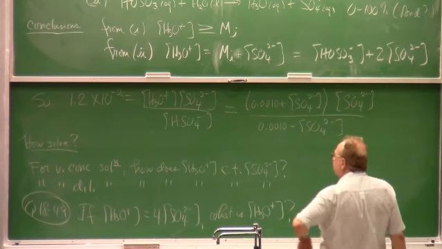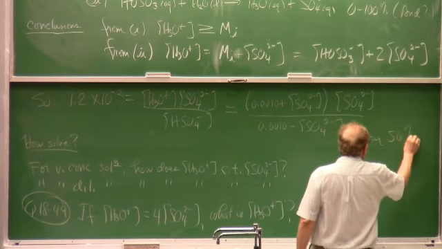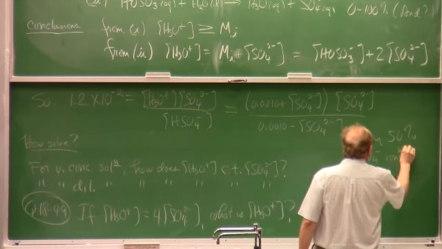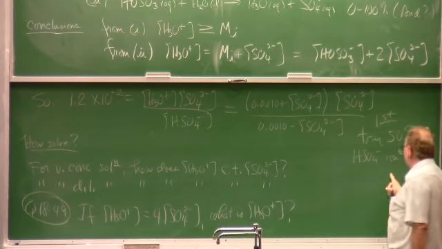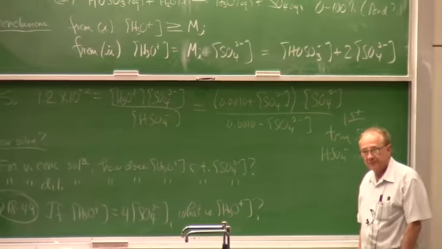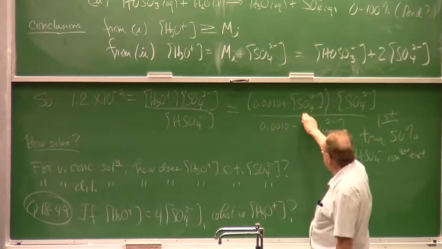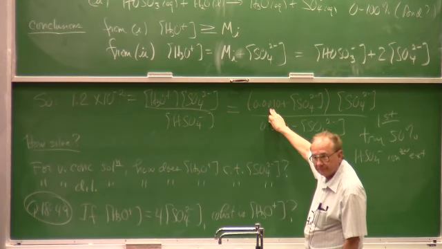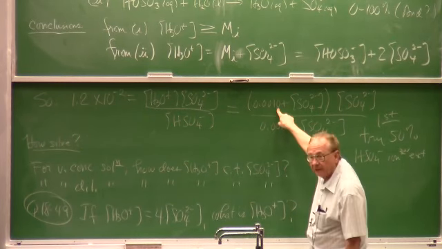50%. Because if I start with 50%, try 50% HSO4 minus ionization extent. Then the arithmetic is easy. Because at 50% ionization, this is half of this, isn't it? So what's this whole term become when I'm trying 50% ionization extent with this being the label on the bottle?